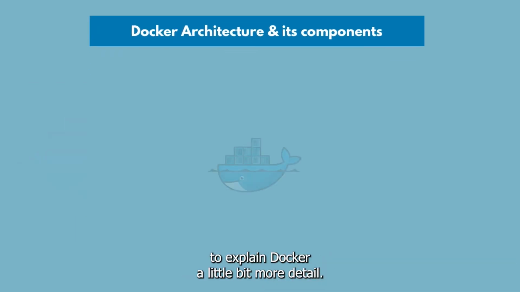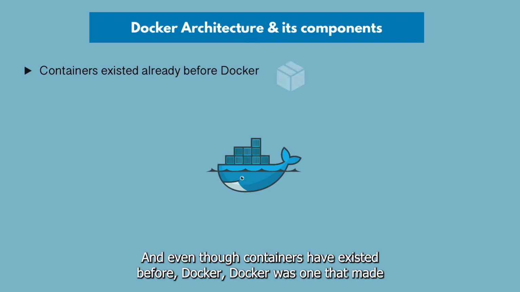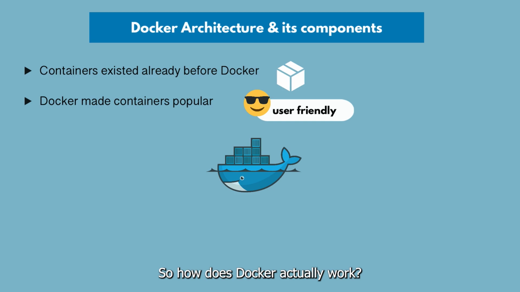So in this part, we're going to explain Docker in a little bit more detail. As I mentioned, Docker is just one of the container tools. And even though containers have existed before Docker, Docker was the one that made containers popular by making them very user-friendly and easily usable. So how does Docker actually work?